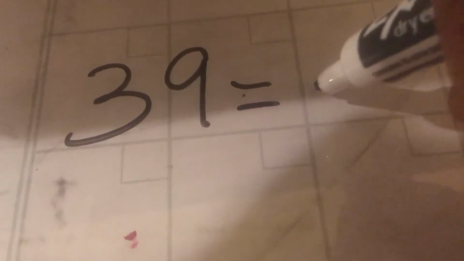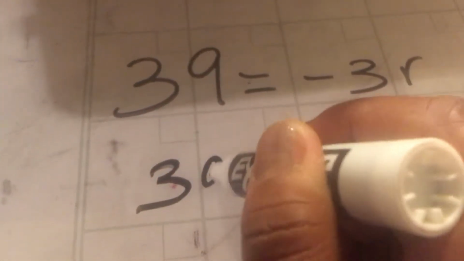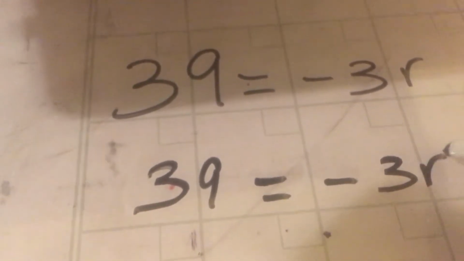Okay, let's look at another one. Our original equation will be 39 is equal to -3r. That's our original equation. Drop a line, come down and write it again. 39 is equal to -3r.